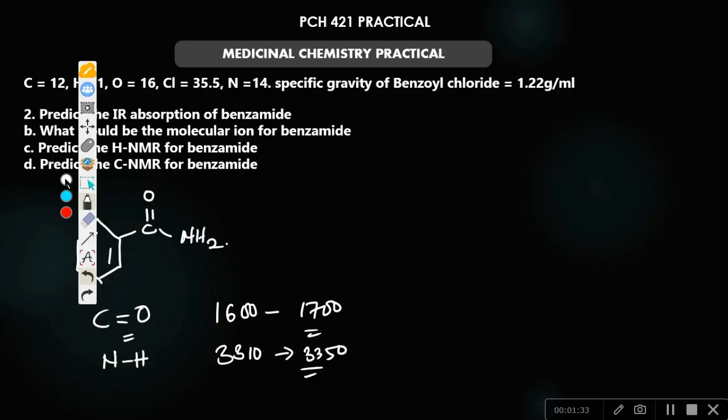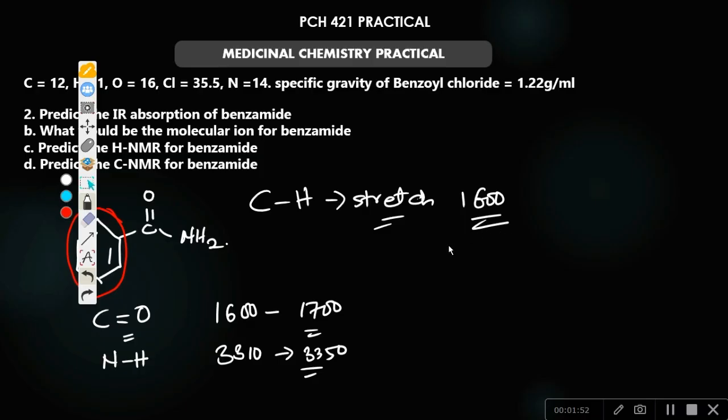And then, of course, we are going to have the aromatic ring. The CH stretch of the aromatic ring will be around 1600 also. Is that okay? These are in centimeter reciprocal.